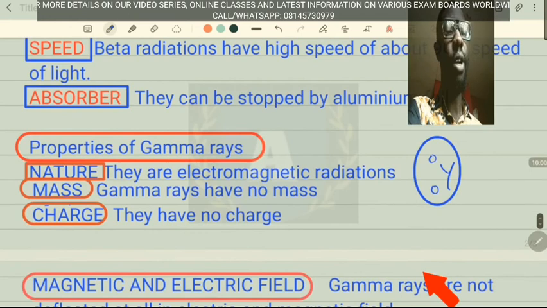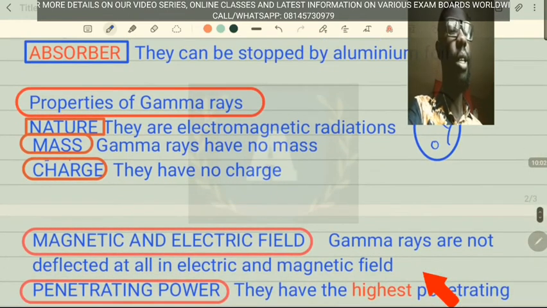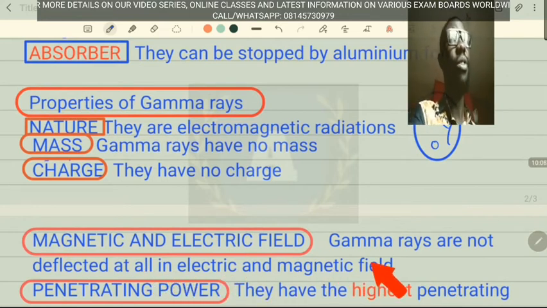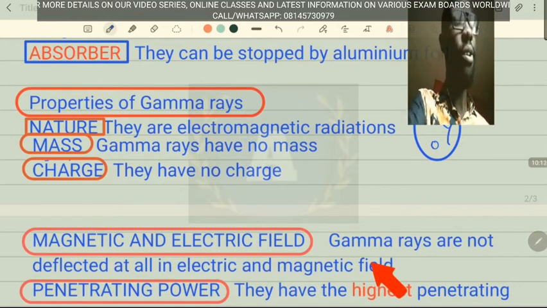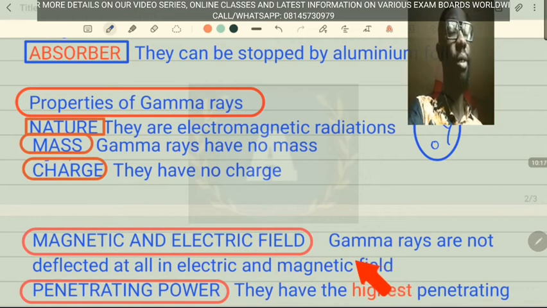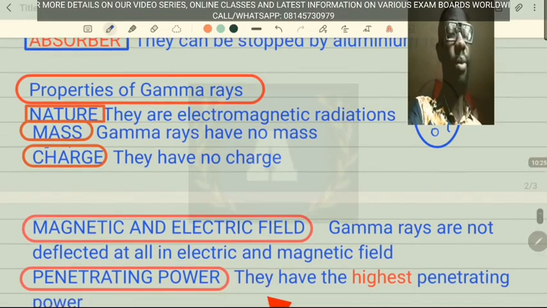That's your symbol. Now, what happens to them in magnetic and electric fields? Gamma rays are not deflected in any context in an electric field or magnetic field. They just pass on directly, straightforward, like any other electromagnetic radiation. So they are undeflected by electric and magnetic fields. What's their penetration power? They have the highest penetration power of the three types of radiation.